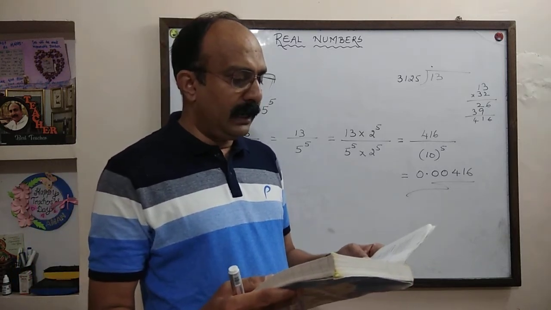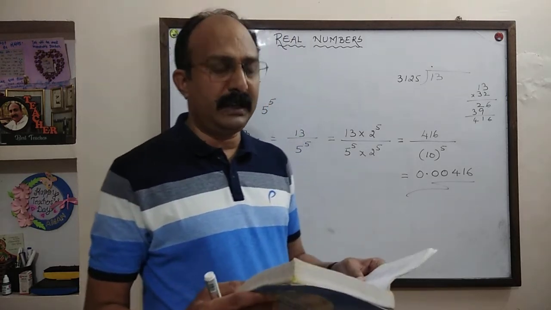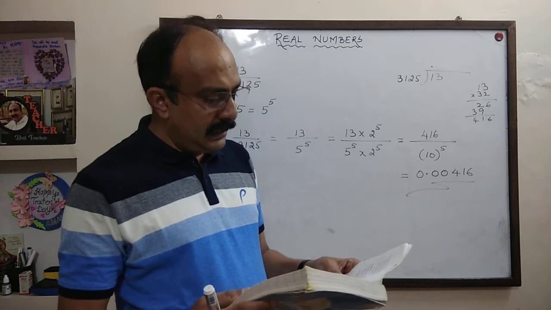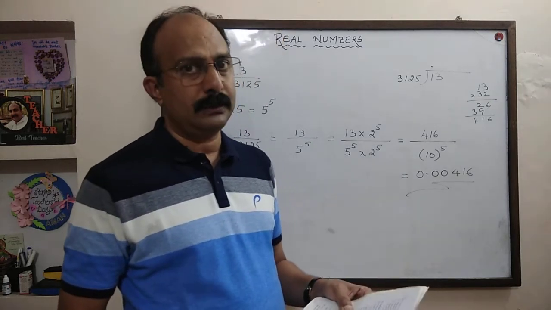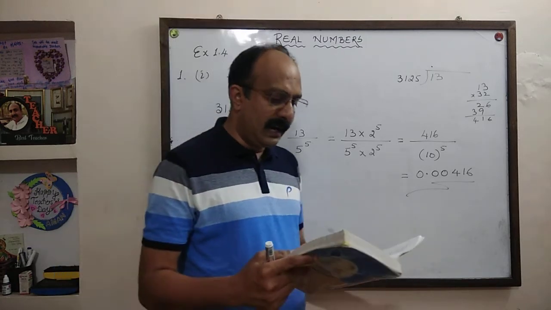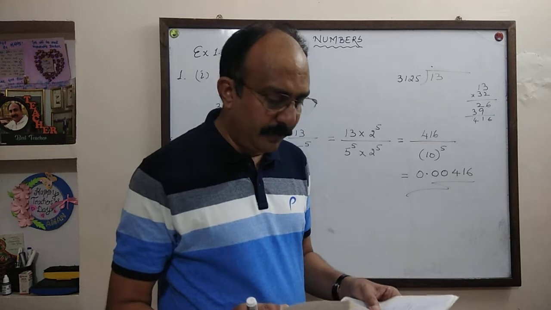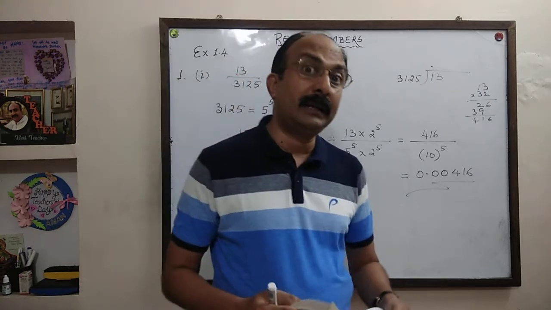The following real numbers have decimal expansion as given below. In each case, decide whether they are rational or not. It is a class 9 question. If they are rational and of the form p upon q, what can you say about the prime factors of q?